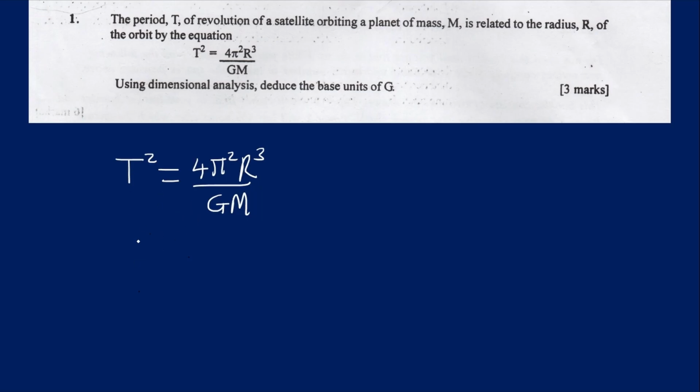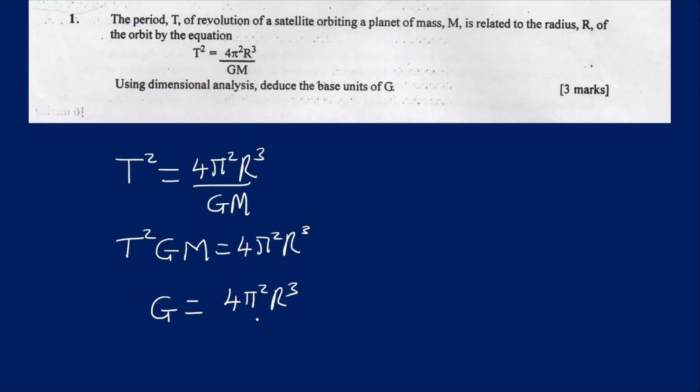So T squared Gm will be equal to 4 pi squared r cubed. And since we are making G the subject, we divide both sides by T squared m. So we have G equal to 4 pi squared r cubed divided by T squared m.